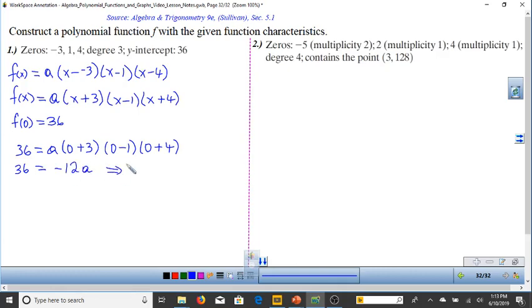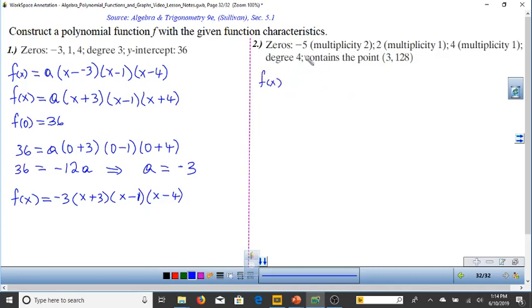So that means a is equal to 3. So my function f of x is equal to 3 times x plus 3 times x minus 1 times x minus 4. And I won't write that in standard form, but you can always multiply it out to get it in standard form.